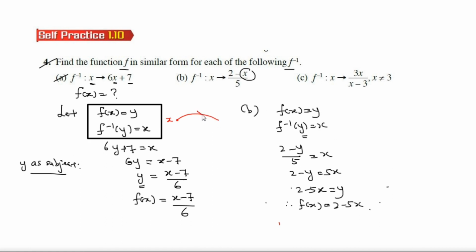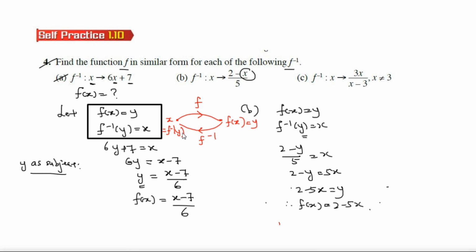So the function f will map the x to f x. So we can assume f x is y. And then the f inverse will map y back to x. Okay, so here we write x equals f inverse y.